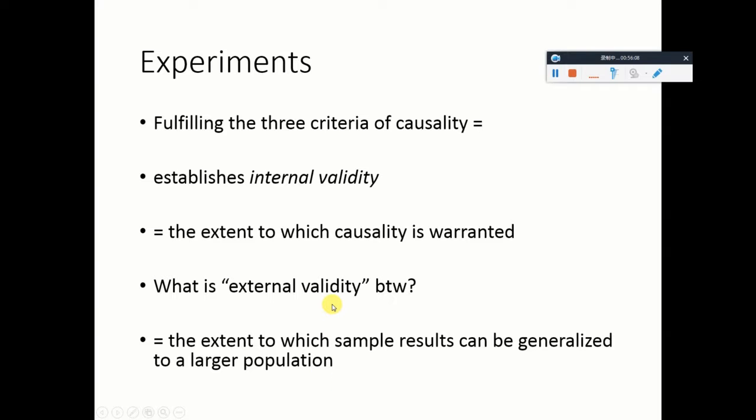That's what we mean when we say an experiment is externally valid. But when you say the result warrants causality, you'll be saying that the study is internally valid. Okay? All right.